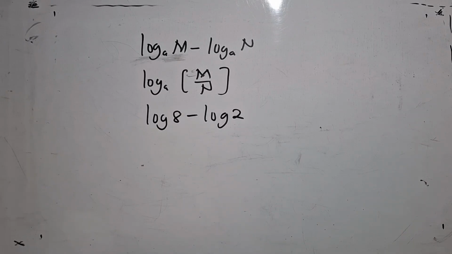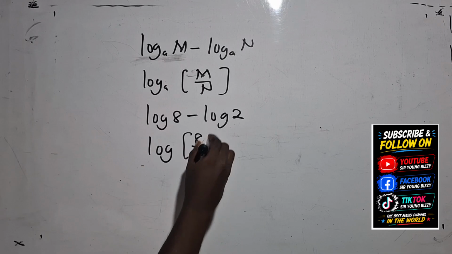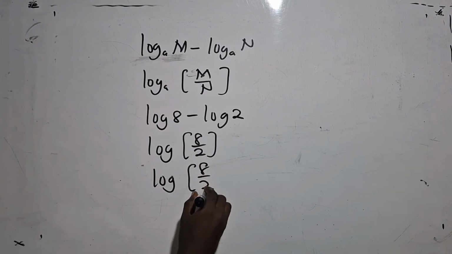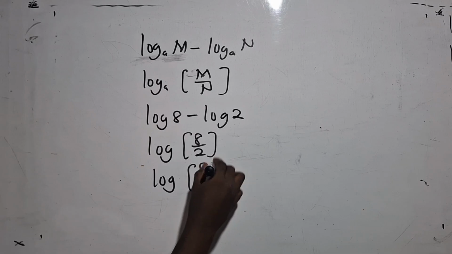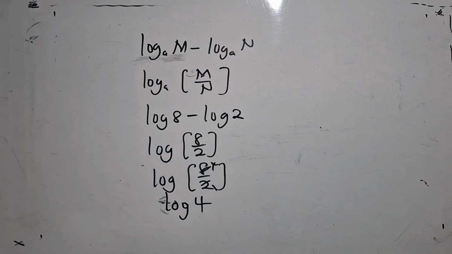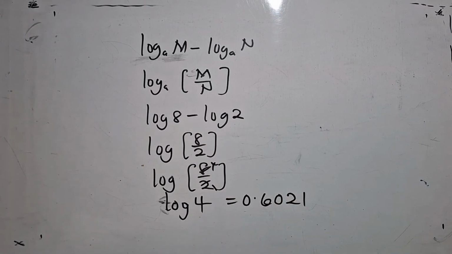So we have log of 8 divided by 2, which is log 4. To simplify, we have to find the approximate value, which will give us 0.6021 if the question asks us to simplify.